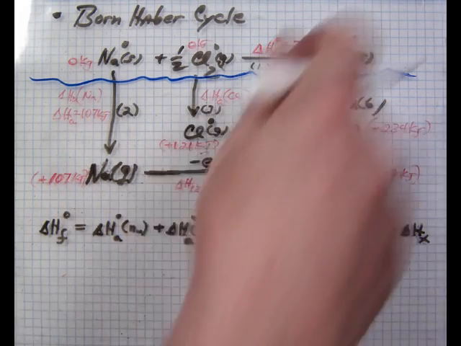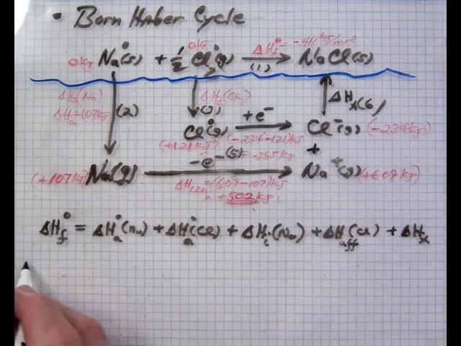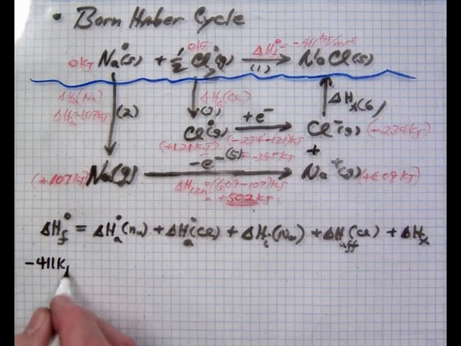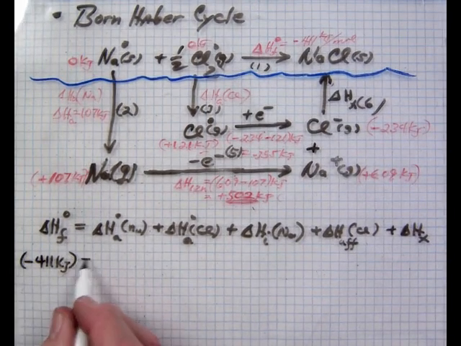So substituting the numbers in here, we have a minus 411 kilojoules right there.